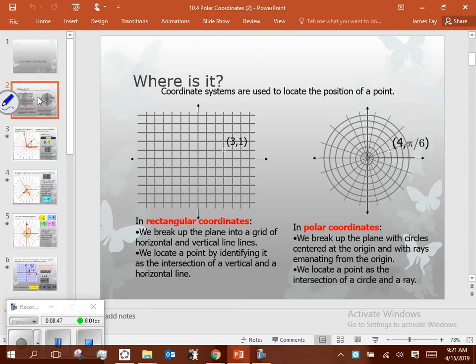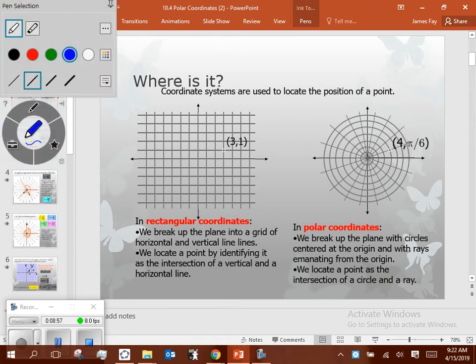So what we call these, I don't know if you guys remember this from geometry or not, but if I have a ring, now ring is not the math term.